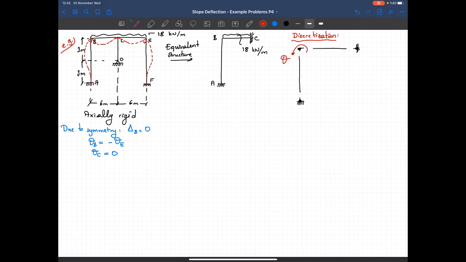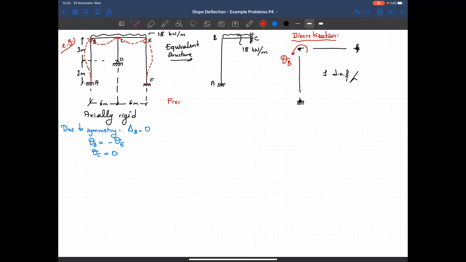We got only rotation at B. So I got 1 degree of freedom in this equivalent structure. If we just wanted to jump into the solution without checking the deformed shape of the structure, we would have 1, 2, 3, and 4 degrees of freedoms, which would give us the correct result, but it's a long solution. Okay, so we said that we got 1 degree of freedom.